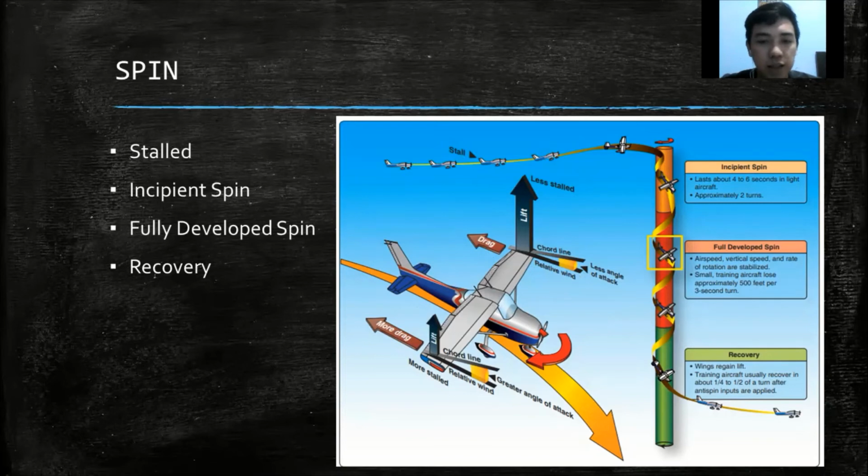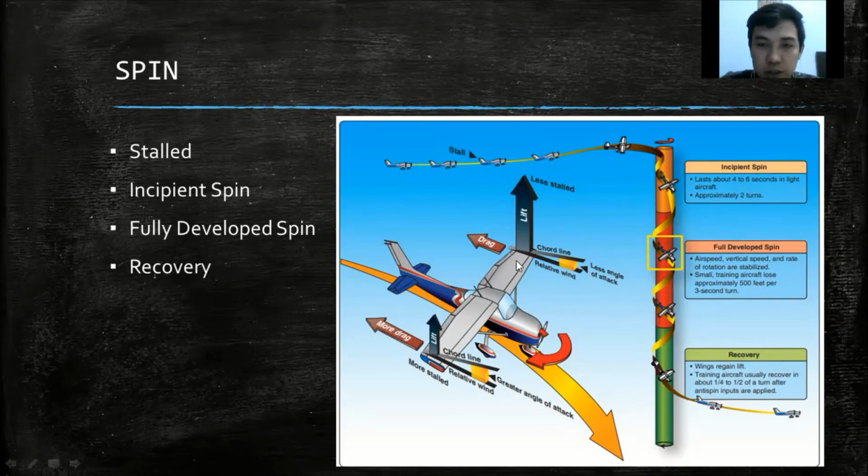So, alam naman natin na when we exceed the critical angle of attack, ang nangyayari is nagkakaroon ng less lift and more drag. Tapos, gaya nga nang nandito sa figure, while stalling, nag-yaw to the right, thus the right wing becomes greater than the critical angle of attack and thus experiences more drag but less lift.